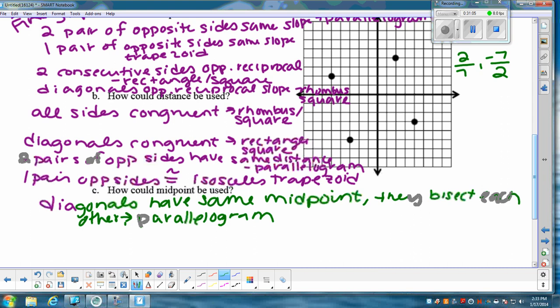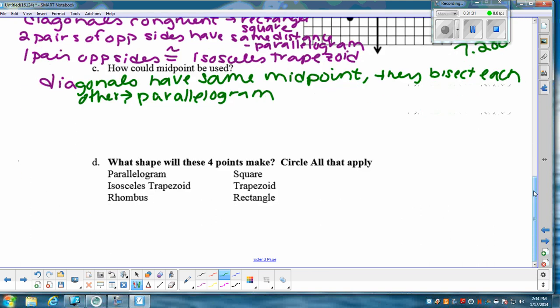And then all of our sides have a length. The slopes are this, so we have 90-degree angles. Our lengths of all the sides are the square root of 53, or 7.280. So we have a square.